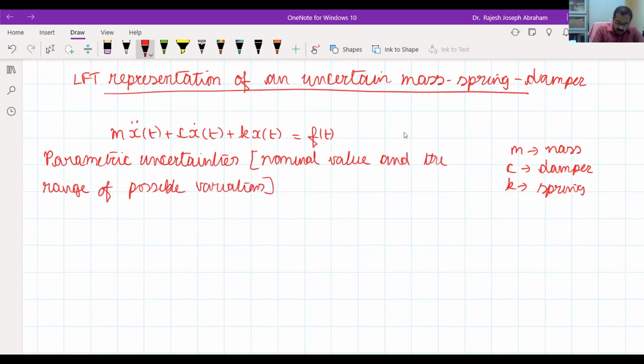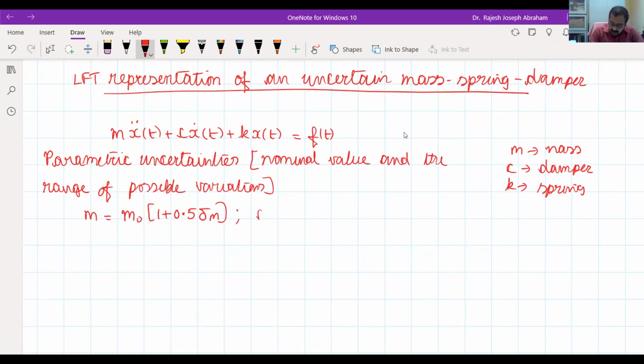In mass, it is given like this: m naught into 1 plus 0.5 delta m. What does this mean? This means that there's a 50% variation in mass m. M naught is the nominal value, and delta m is the uncertainty.